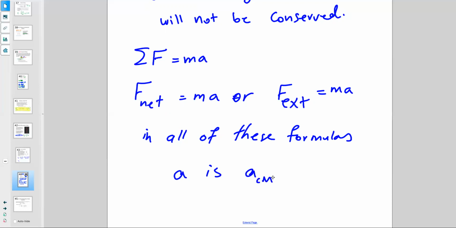So sigma F external is m times the acceleration of the center of mass.